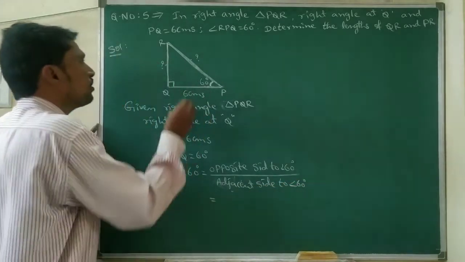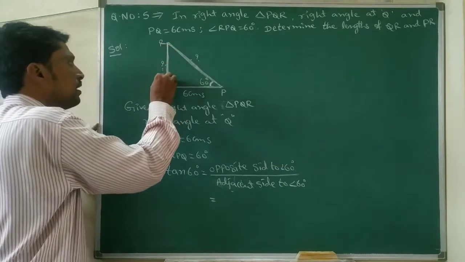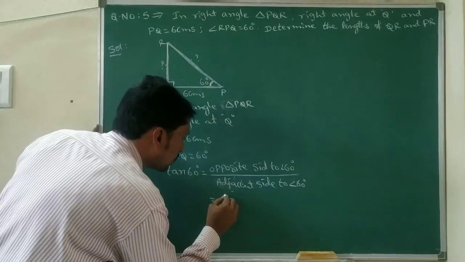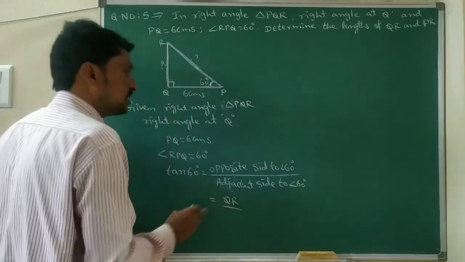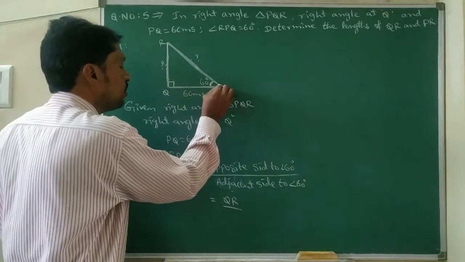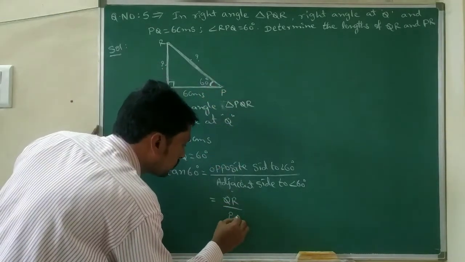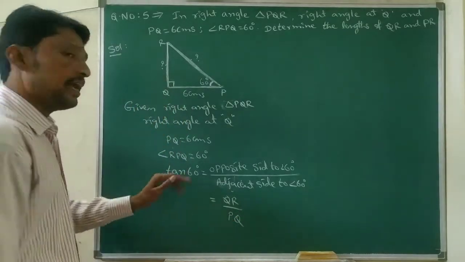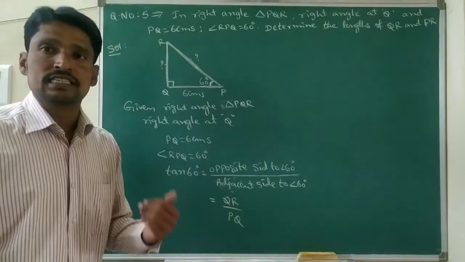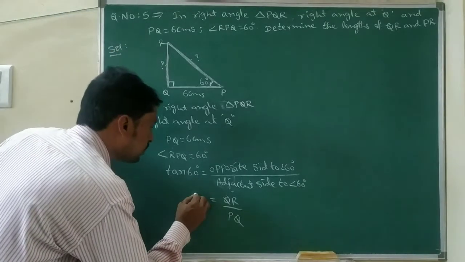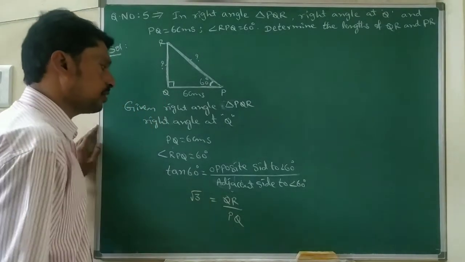So what is the opposite side to angle 60 degrees? Here this is QR, by the adjacent side. What is the adjacent side? PQ is the adjacent side. So on the left side, tan 60. What is the value of tan 60? Tan 60 value is root 3.